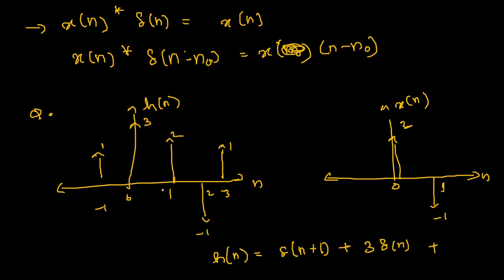As you go to the right, you're shifting it by -1, so this will be 2 delta of n minus 1. The next one is amplitude scaled by a factor of -1, so we have minus delta of n minus 2 plus delta of n minus 3. This is h of n in terms of unit impulse function.